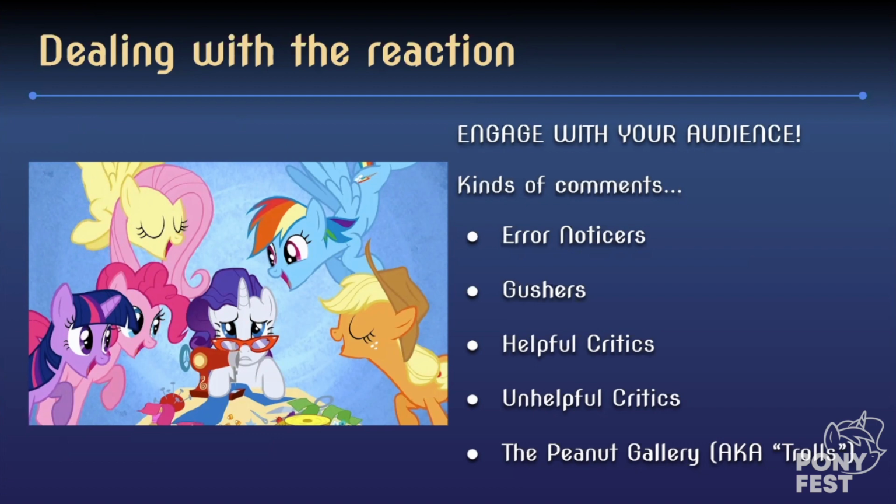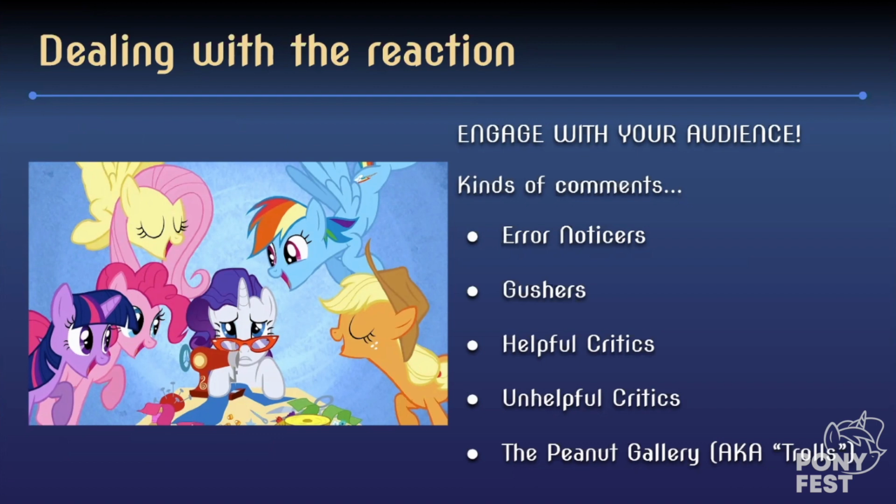The first ones are the really important ones: the people who are error noticers. These are the ones you're watching for in the first few hours. You want to stay on the site and keep checking back for comments in the first few hours after a story gets posted, because you want to be able to respond to your comments.